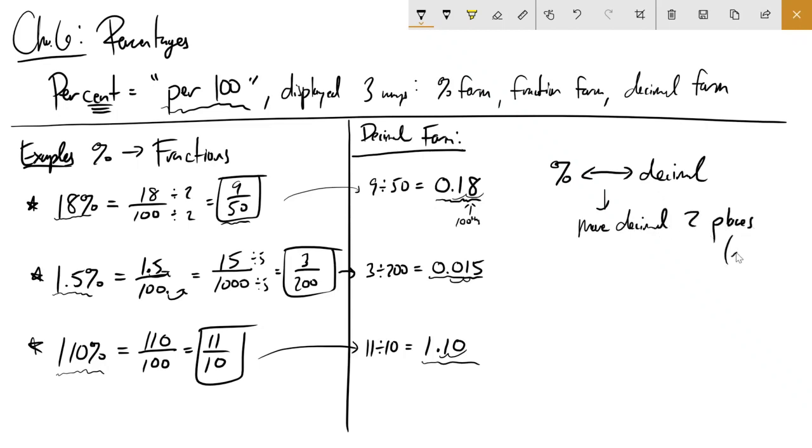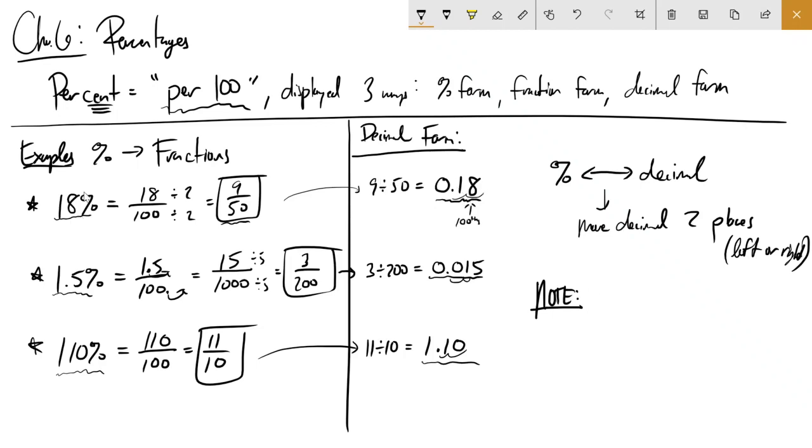It's either going to go left or right depending on which direction you're going. If you're going from decimal to percentage, it's going to go to the right. If you're going from percentage to decimal, it's going to go to the left. But one thing to notice is which form is always smaller, the decimal form or the percentage form?